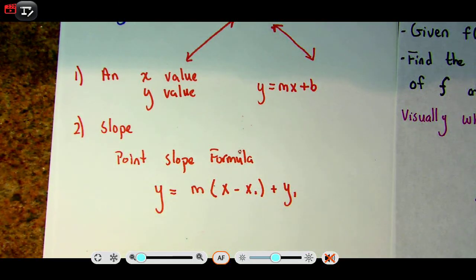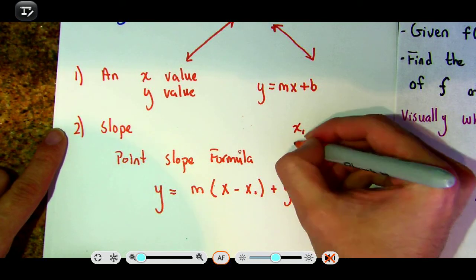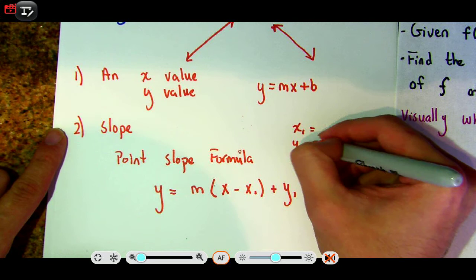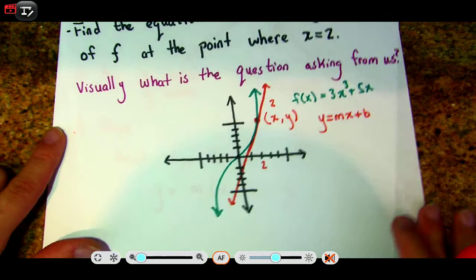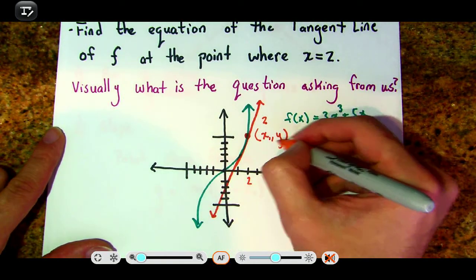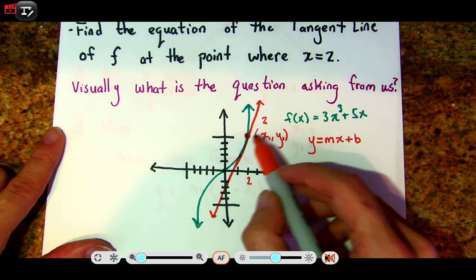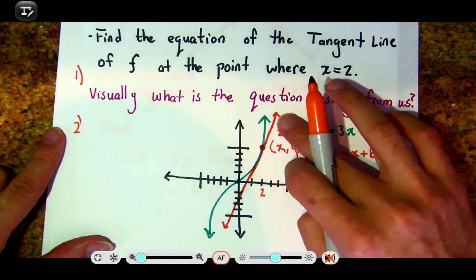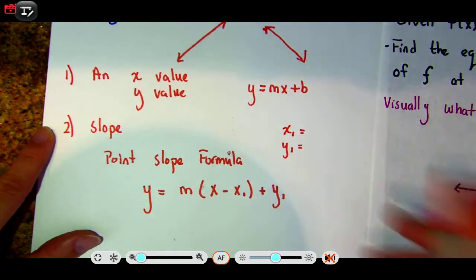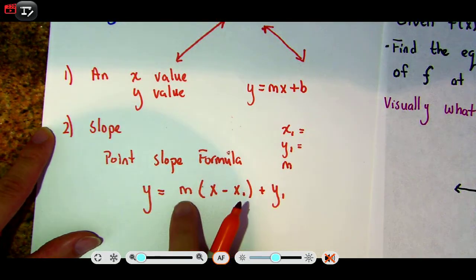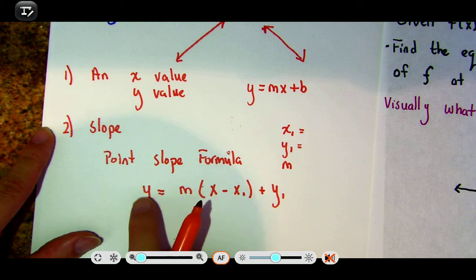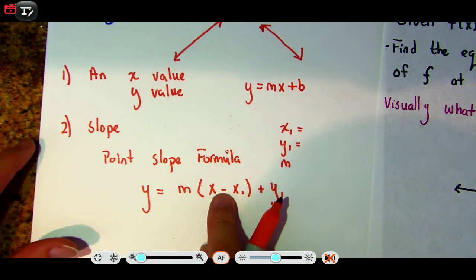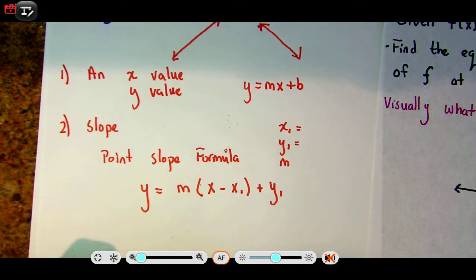So notice that my x sub 1 and my y sub 1 are represented by this point here. This is my x sub 1, this is my y sub 1. So we need a point, and we also need the slope of this line. And that slope of this line is represented by m. And the y and the x will be part of the equation.